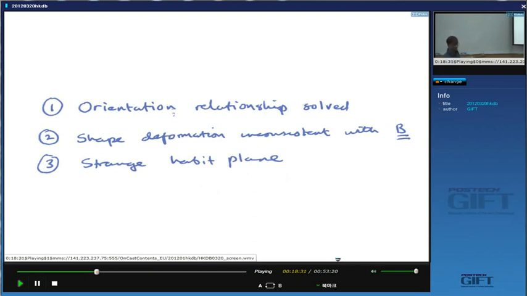Because the shape deformation appears to leave one plane completely undistorted and unrotated, whereas this only leaves one line undistorted and unrotated. And there is no way, you saw, that we could add any rotations which would generate two invariant lines. And we haven't solved the problem of the strange habit plane either. There's no explanation so far on why martensite forms on 225 and 259 and 31015 gamma and so forth.